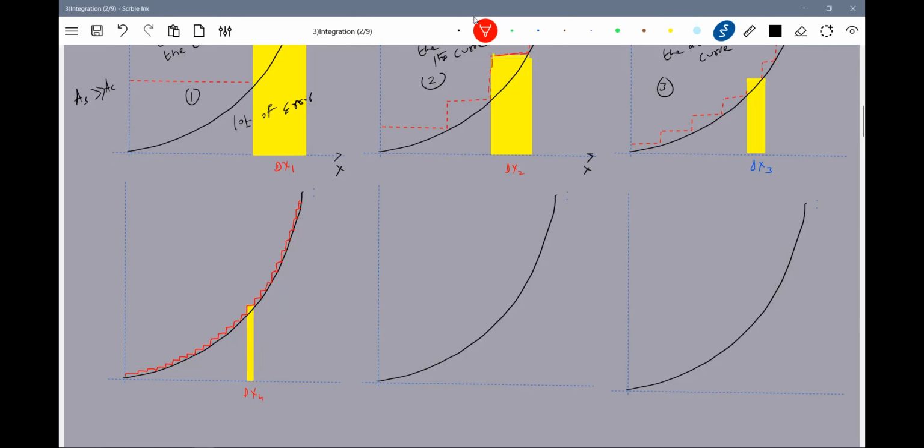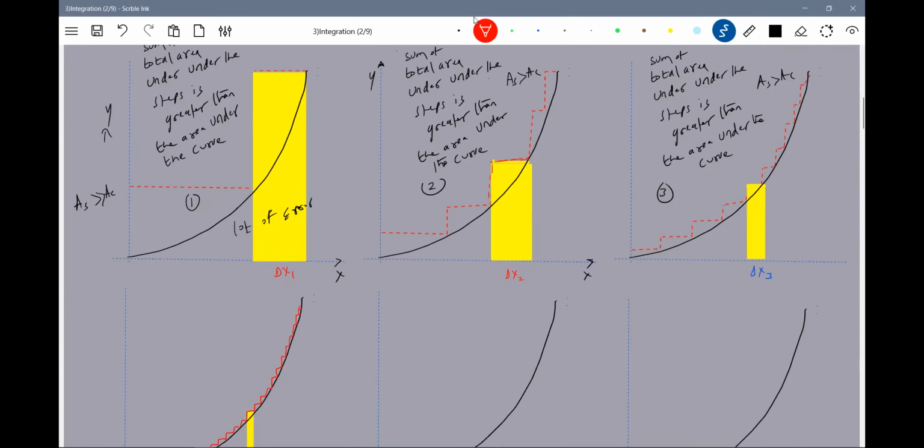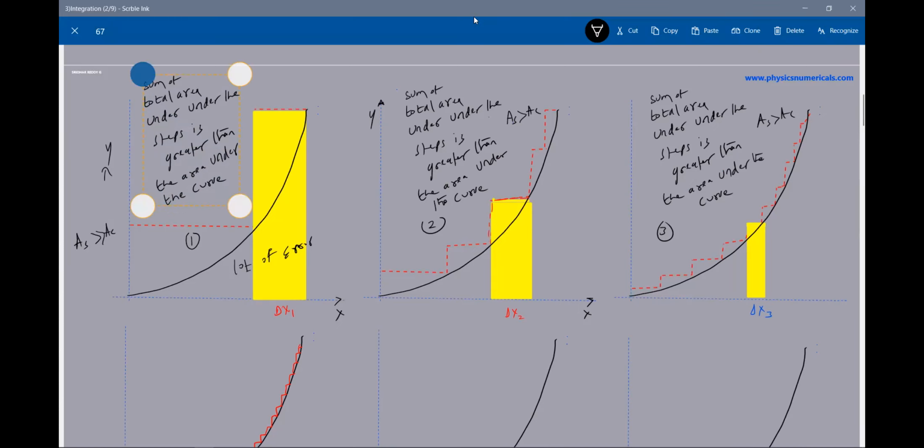Then now definitely you can say that the sum of the total area under the steps is comparable, not something greater. Comparable means almost not equal, almost nearer to it.